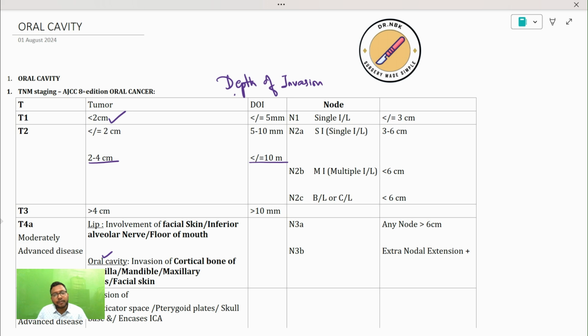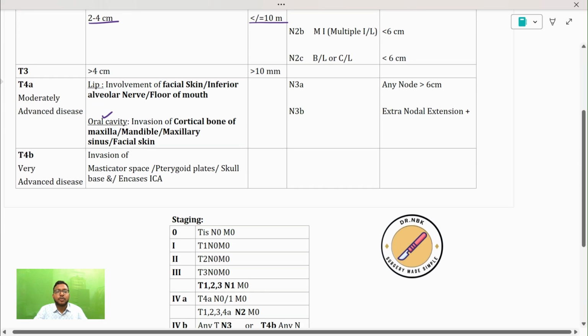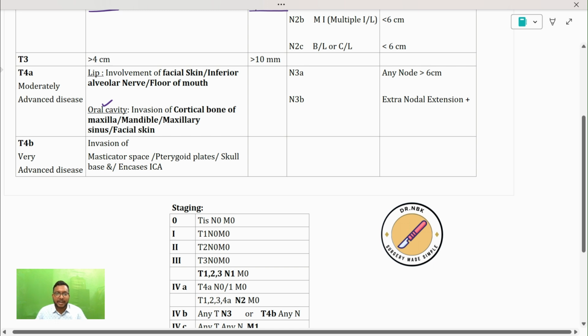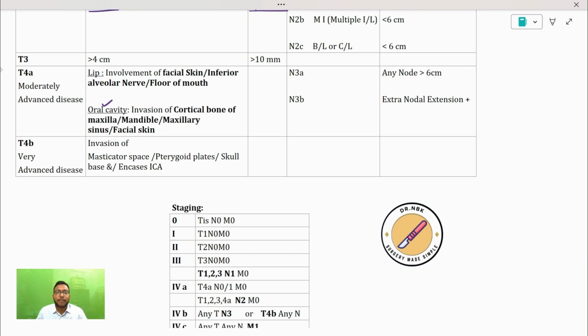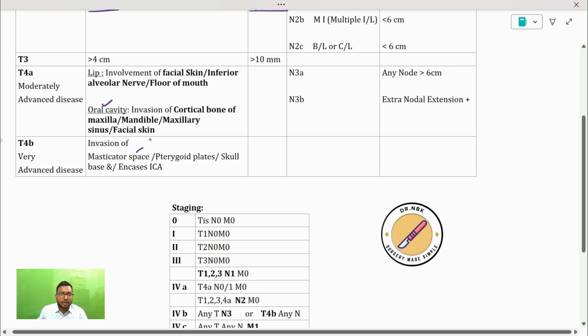Now, when it comes to T4B, it is again very advanced disease. Masticator space is nothing but your masticator muscles. So one is your pterygoid muscles, and temporalis muscle, or masseter muscle.